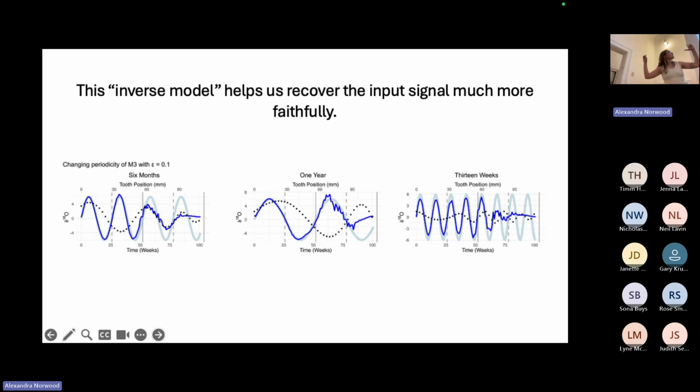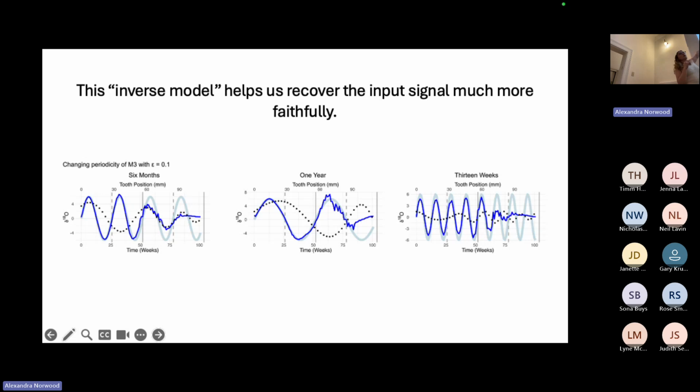That's scaled to the top x-axis, which is tooth position, which is just where on the tooth you took the sample. So we're going from the cusp, the top of the tooth, to the bottom as we move from left to right. And then our dark blue is our recovered signal.